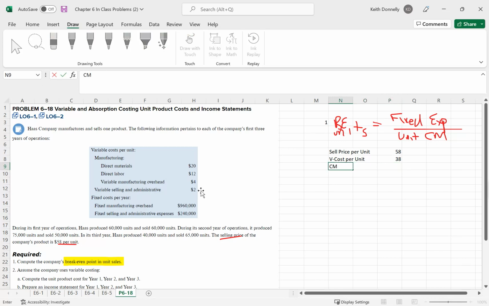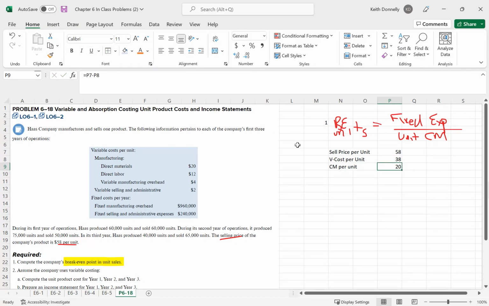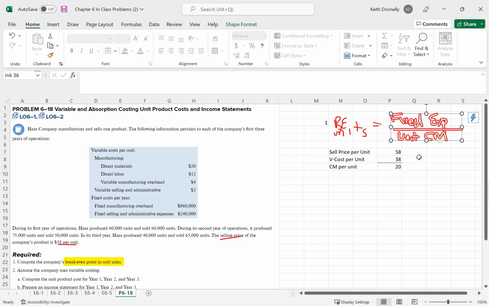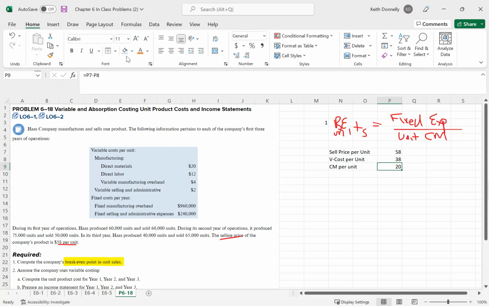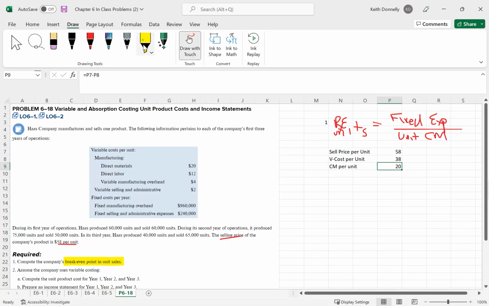This is going to give us our contribution margin per unit, the 58 minus the 38. We're looking at $20. So that's the denominator right here. Next thing we have to do is get our fixed expenses.